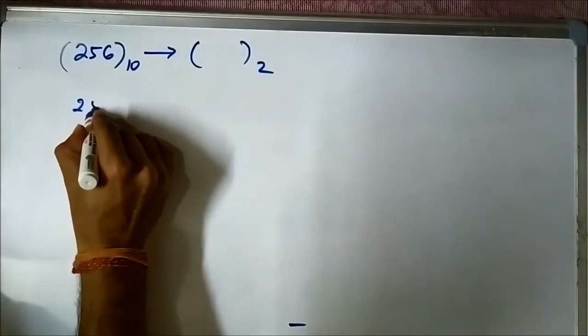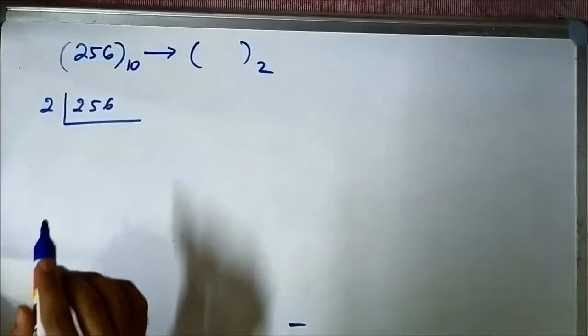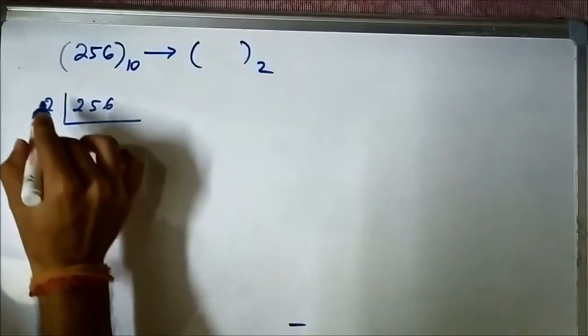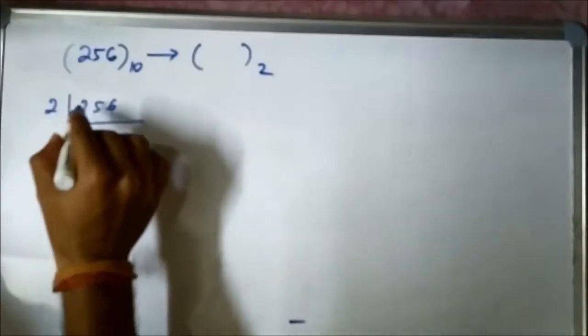So what we will do is take 256 and divide it by 2. Now we will find the largest multiple of 2 which gives us 256.